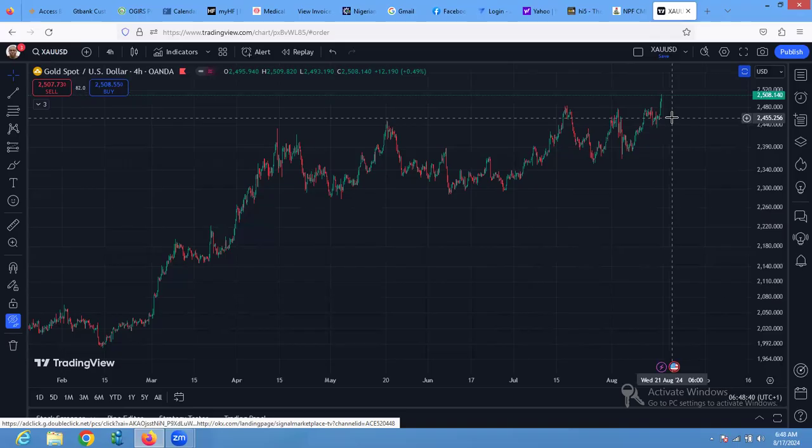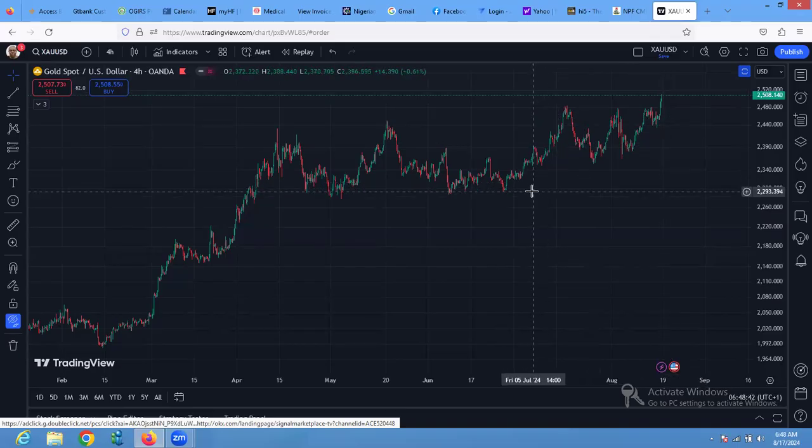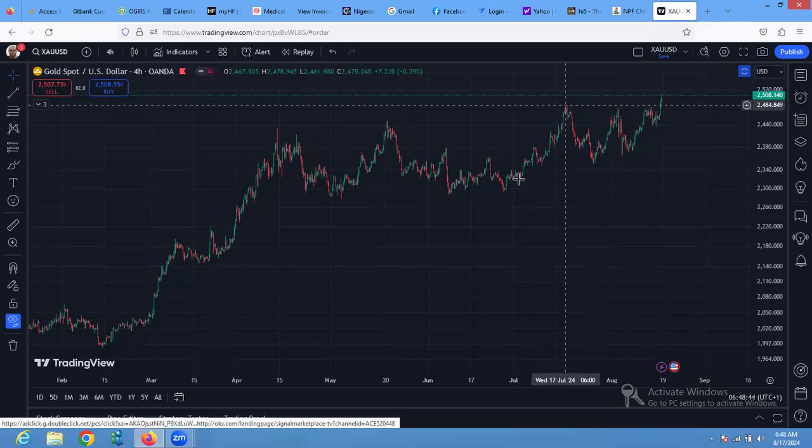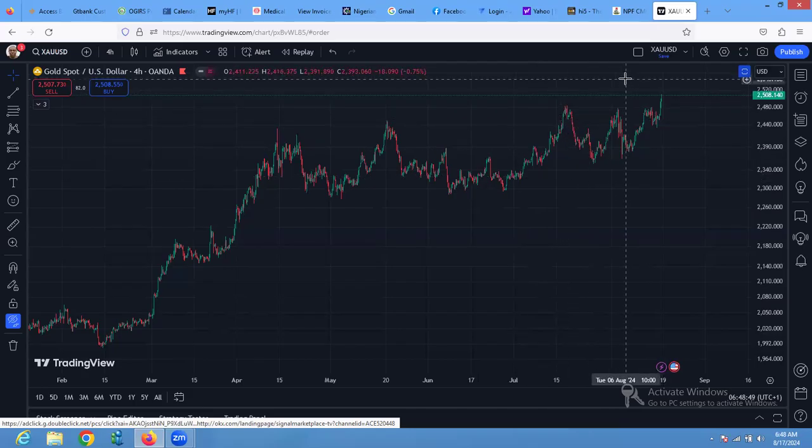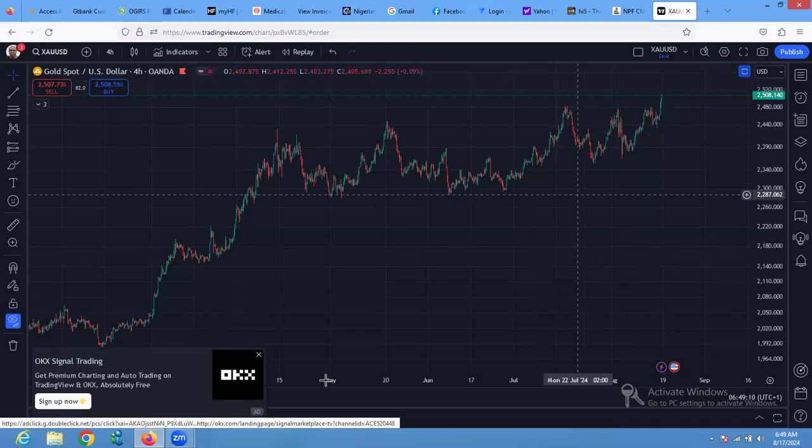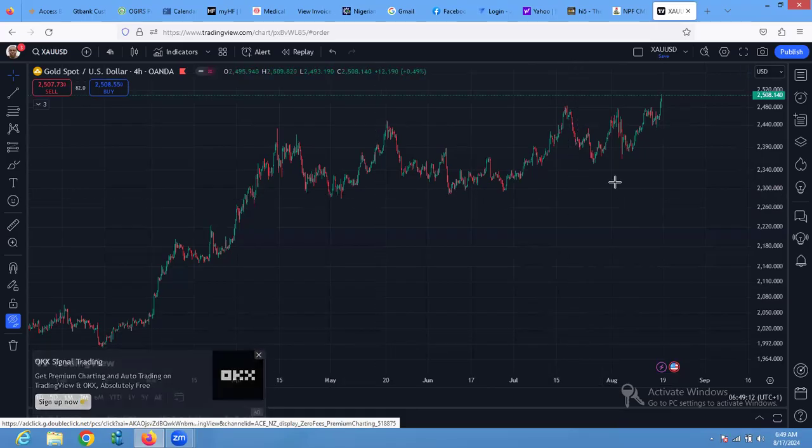If we are going to have a 100 extension from this point to this point to this point, gold should get to at least 2542. So gold still has about 320 pips to the upside. It may do more than that, so we're going to continue to follow gold as it pushes up into that wave 3.